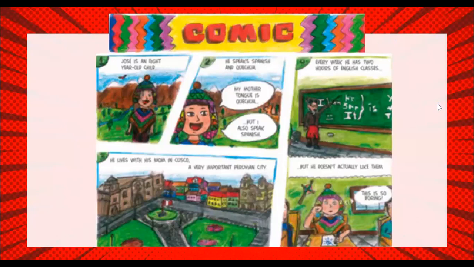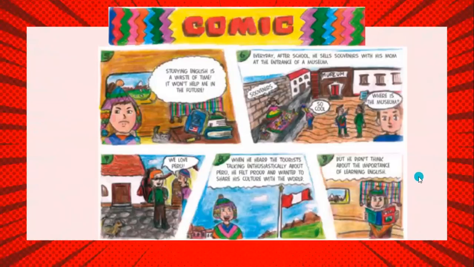Jose is an 8-year-old child. He speaks Spanish and Quechua. My mother tongue is Quechua, but I also speak Spanish. He lives with his mom in Cusco, a very important Peruvian city. Every week, he has 2 hours of English classes, but he doesn't actually like them. This is so boring. Studying English is a waste of time. It won't help me in the future. Every day after school, he sells souvenirs with his mom at the entrance of a museum. Aww. Souvenirs!